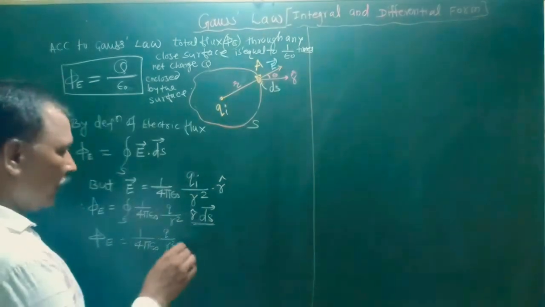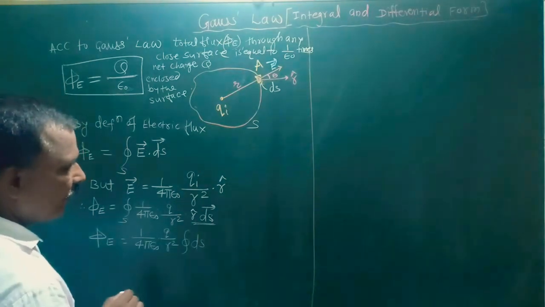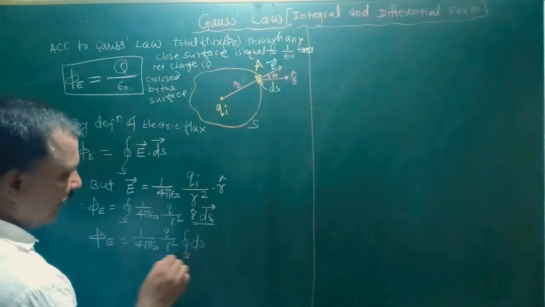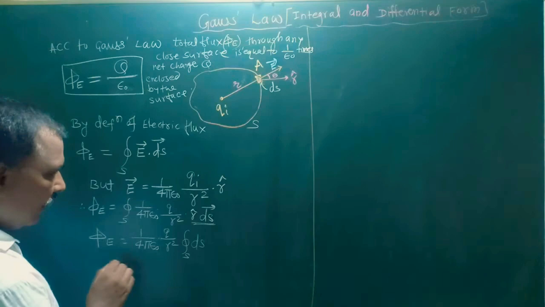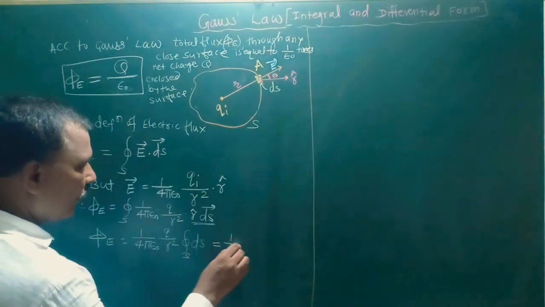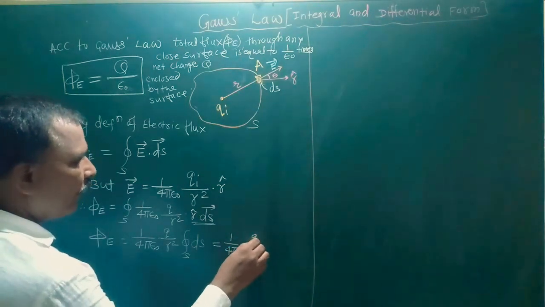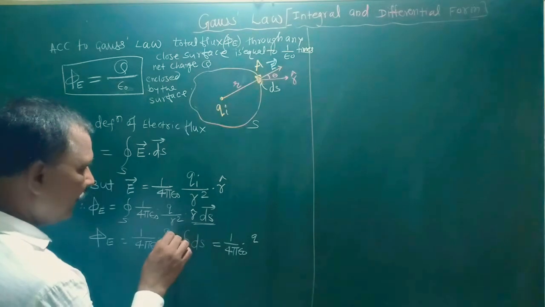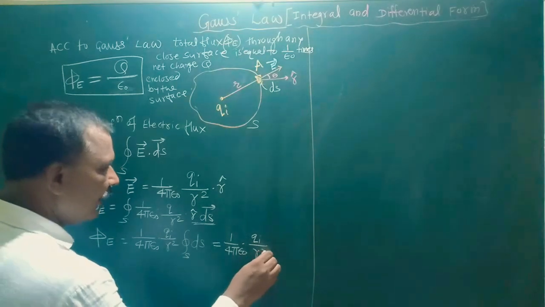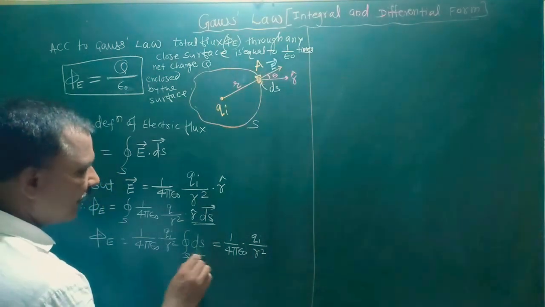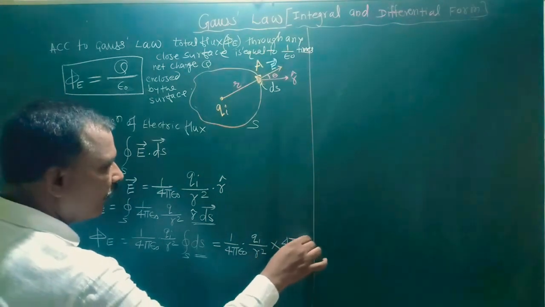So we have to consider the surface integration over the closed surface of ds, which is equal to 1 upon 4 pi epsilon naught into Qi divided by R square, into the surface integration of ds, which is 4 pi into R square.